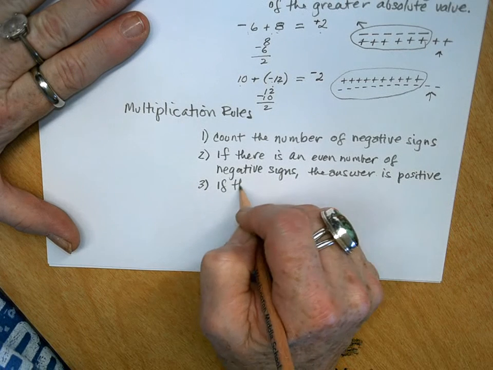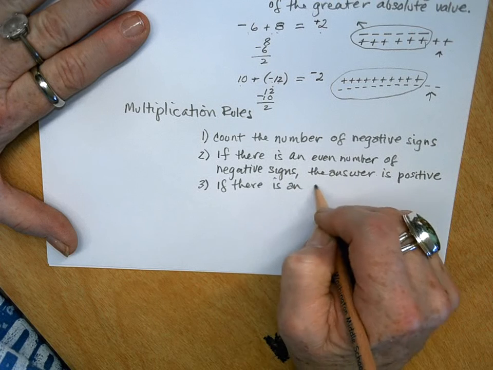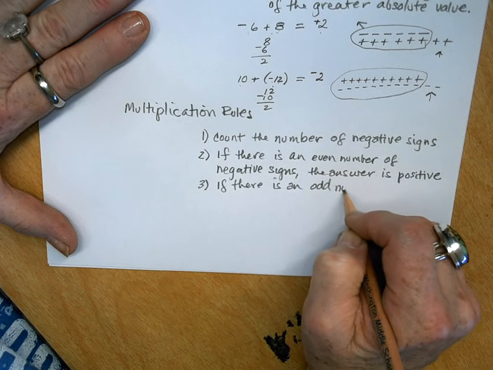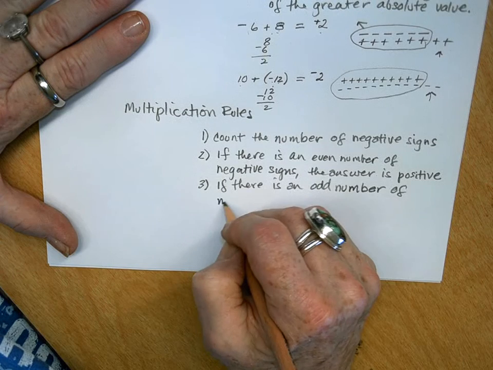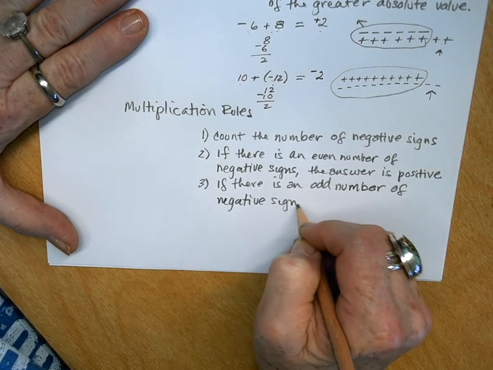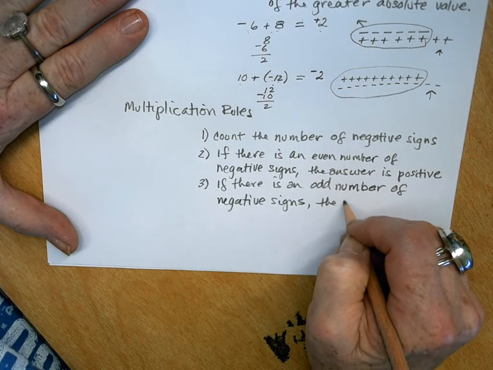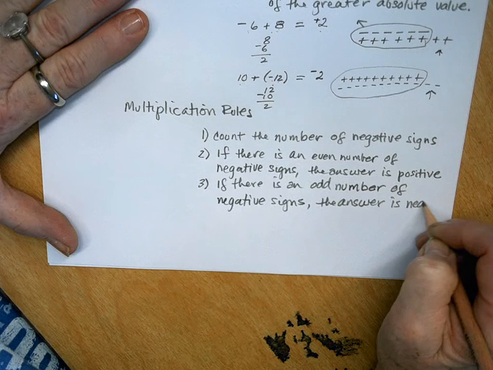If there is an odd number of negative signs, the answer is negative.